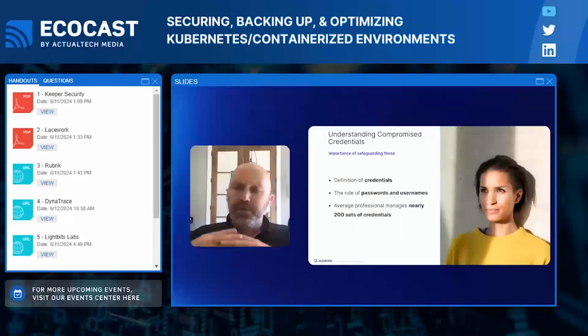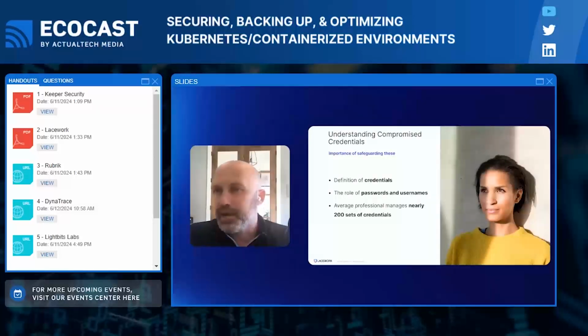The role of usernames and passwords is pretty much the same. One of the changes we have seen over time, and I've been doing security for almost 20 years, is that we tried to make passwords more complex. But as computing has gotten more sophisticated, even complex passwords are not as secure as they used to be.